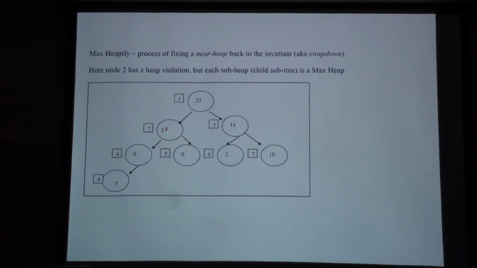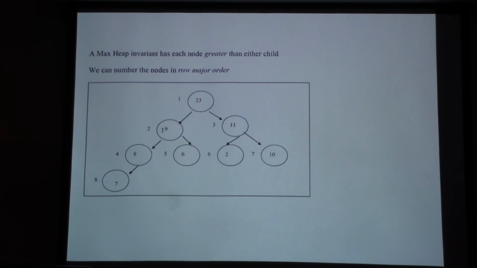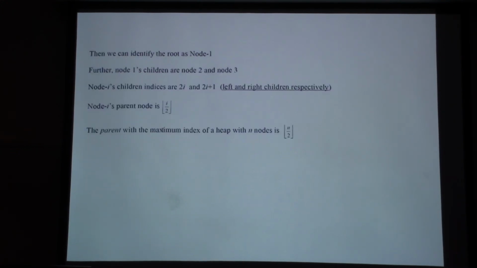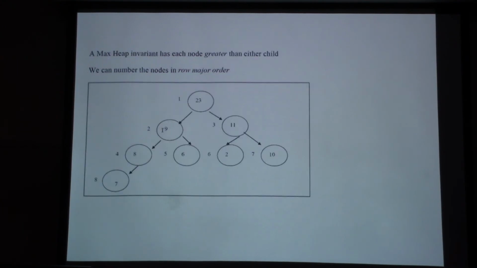Well, a violation will occur, for example, if I had a 3 up here instead of, well, let's see what I had here. I actually had a 23 here, okay?